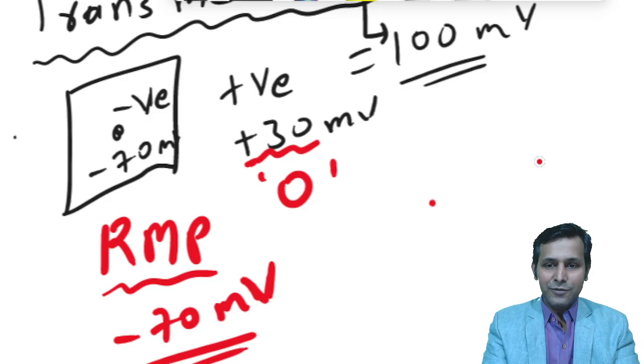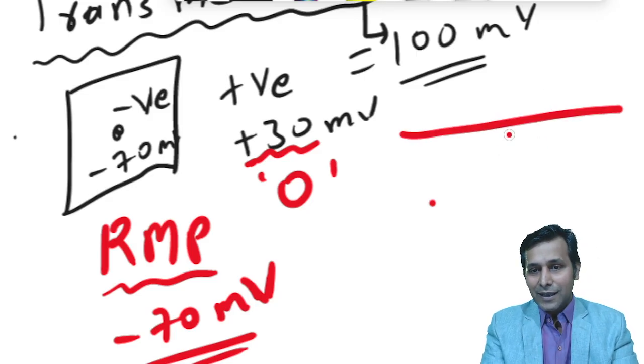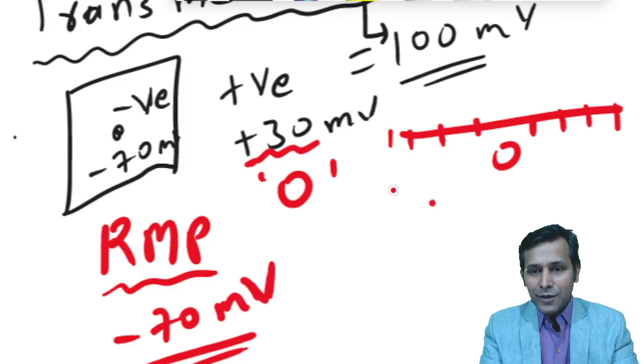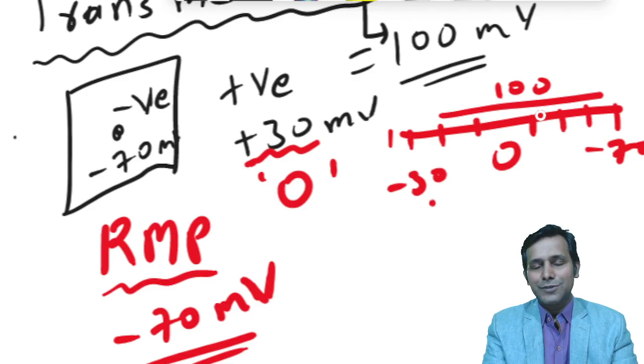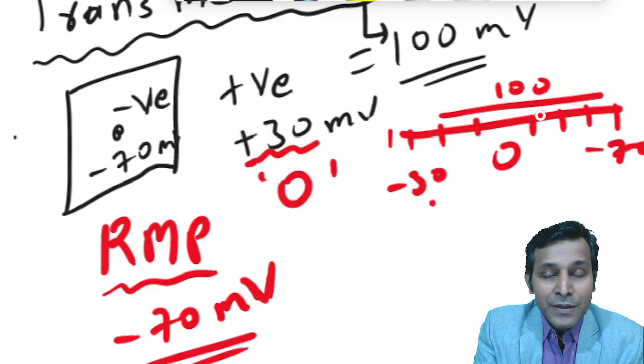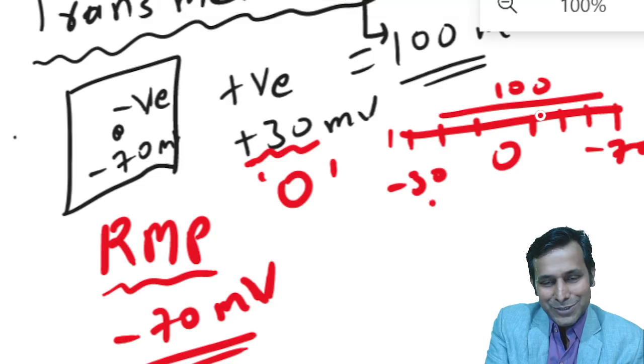If you remember, we used to have certain integer scales like this, and we used to have 0, and we used to go minus 10, minus 20, minus 30, minus 40, plus 10, plus 20, plus 30, plus 40. So in this way, we go from minus 30 to minus 70, and the overall difference becomes 100 millivolts. That's how you have to imagine the changes in the voltage here.